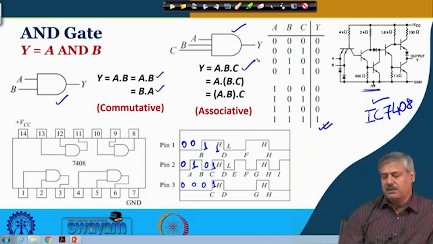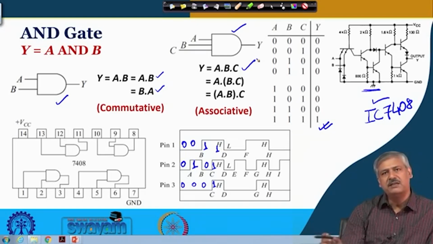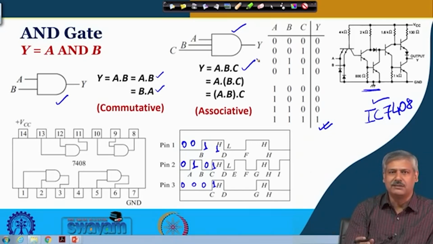One important thing over here: if you first AND B and C, which will generate an output 1 when both B and C are 1, and then you AND this output with A, then the output will be 1 when A is also 1.